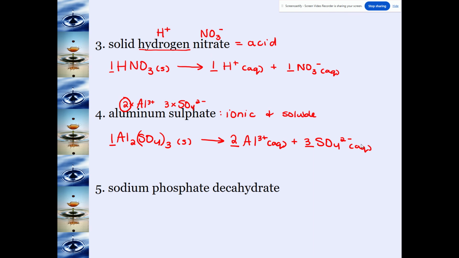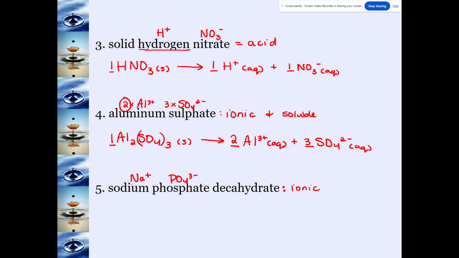Next we have sodium phosphate decahydrate. This is a hydrated compound. What do we do with a hydrated compound? We haven't really looked at that yet. Hydrated compounds are also always ionic. I have sodium ions and phosphate ions making up this compound.